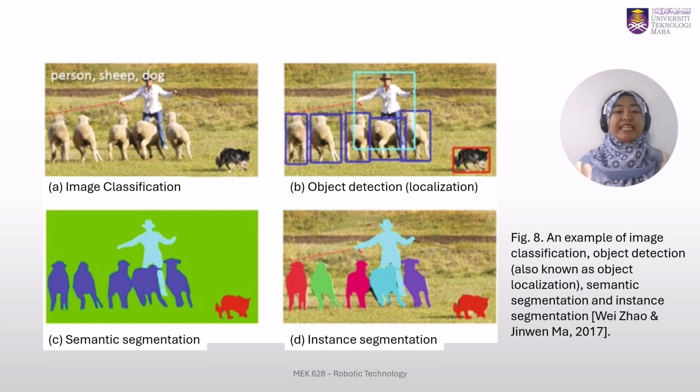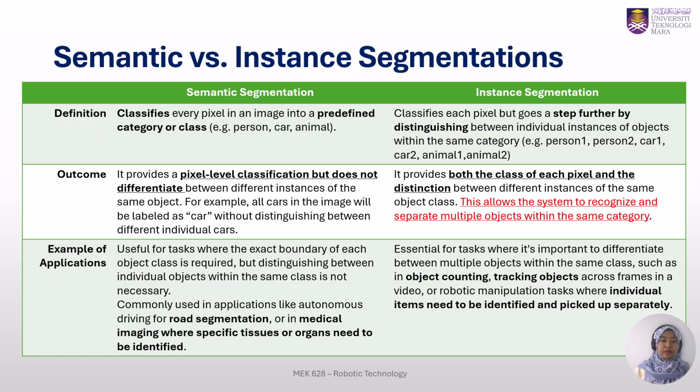So by using instance segmentation, you can differentiate objects within the same class. That is the difference between semantic segmentation and instance segmentation. This is the detailed explanation between semantic and instance segmentation that you can read from this table.